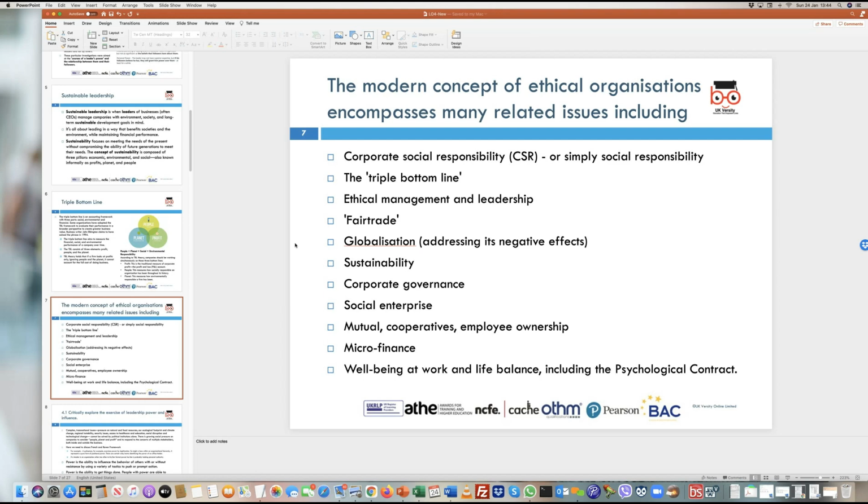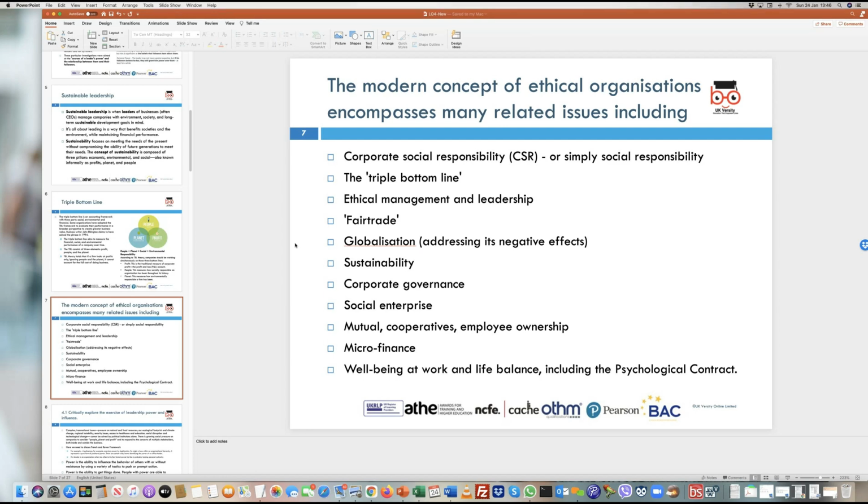It promotes good health and well-being, and that is where organizations are putting these policies in place which allow well-being at work, with work-life balance also taken into account from the point of view of corporate social responsibility and the whole idea of sustainable leadership.